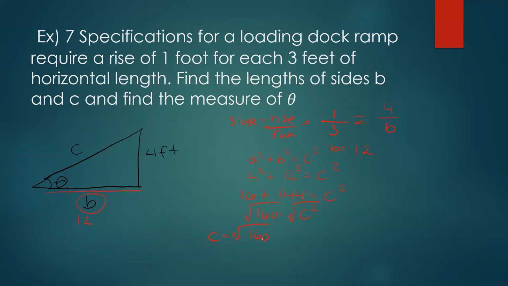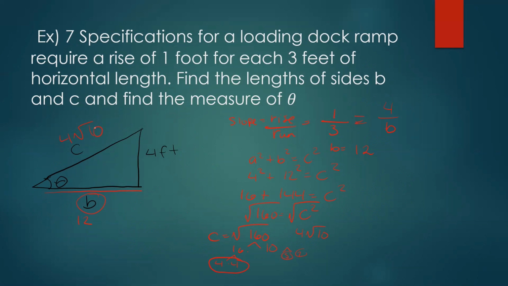You want this to be simplified. So square root of 160 can be broken down as 16 and 10. 16 can be broken down as 4 and 4, and then 10 can be broken down as 5 and 2. 5 and 2 are prime, and 4 and 4 is 1 pair, so this simplifies as 4 square root of 10. So C is 4 square root of 10.